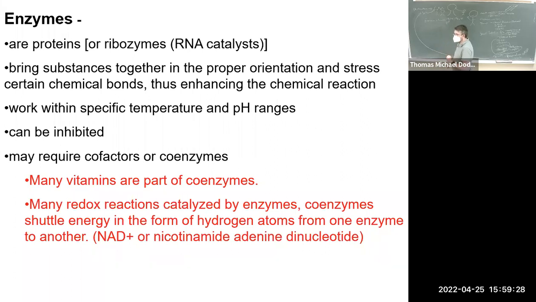What pH do most of your enzymes work at? Both. Why both? Because most of our body is neutral at 7, but we're at about 2 to 3 in our stomach. Okay.